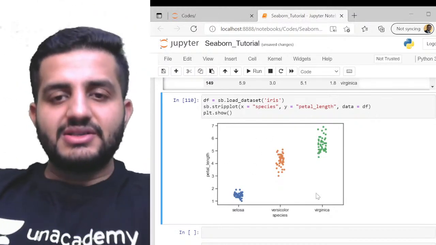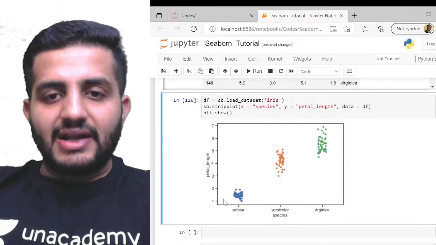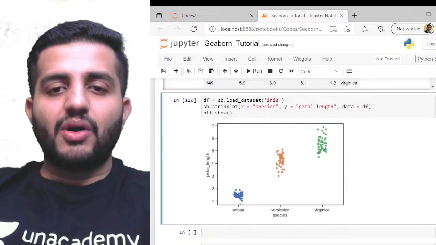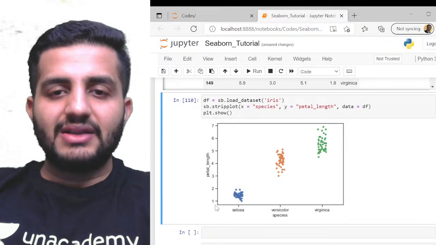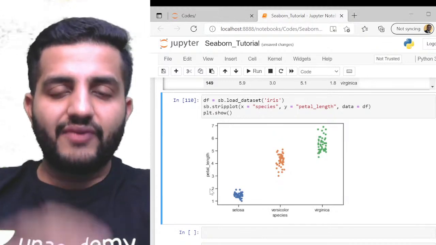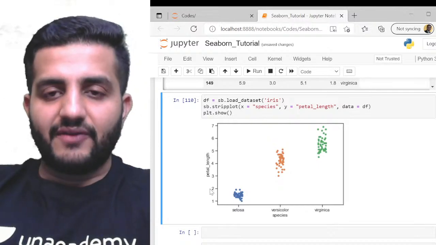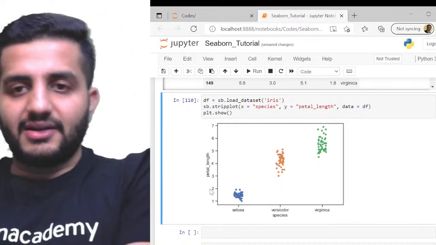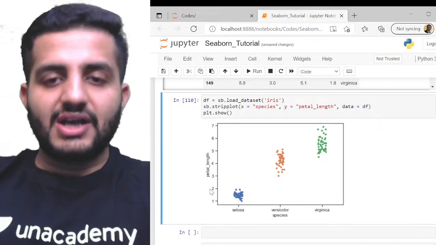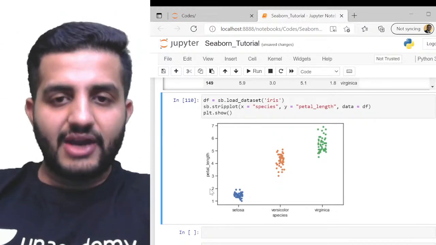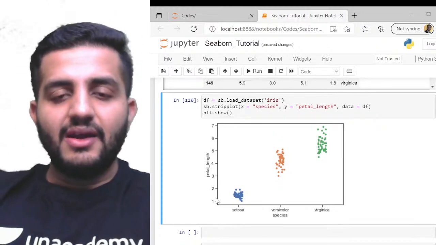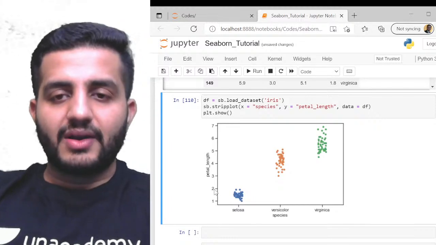The setosa petal lengths are in a very small range. Setosa petal length is only between 1 and 2. So they are very small plants with smaller leaves compared to the others. You can see the petal length is only between 1 and 2.